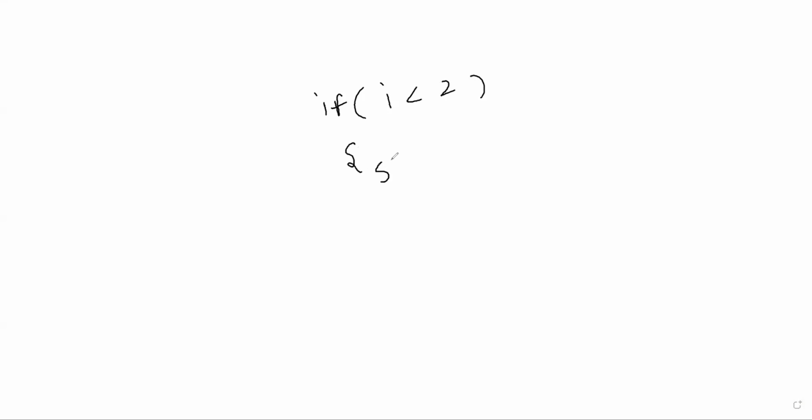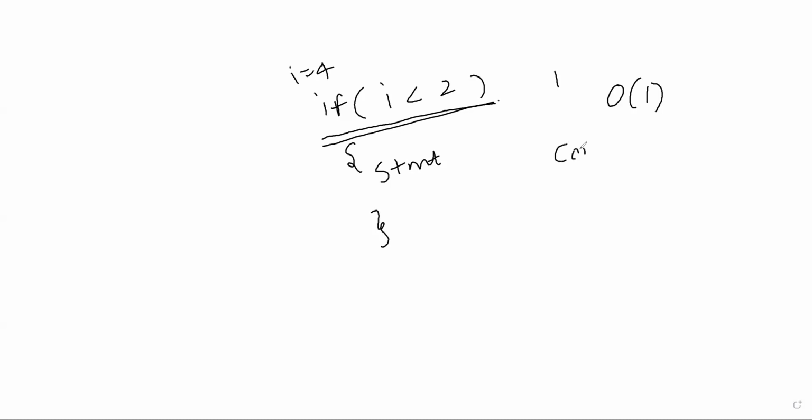How many times would this run? I will initialize i equals 4 just one time, right? One time. So time complexity is O of 1. Otherwise, we'll call it constant time.